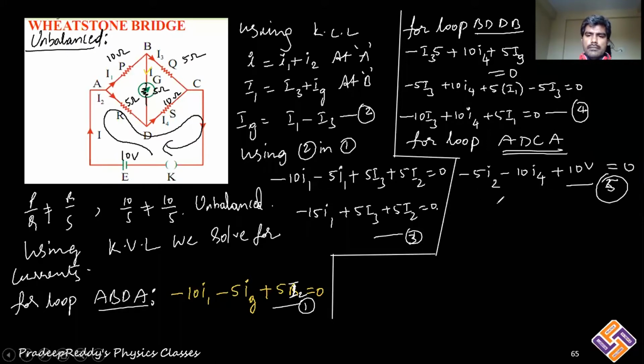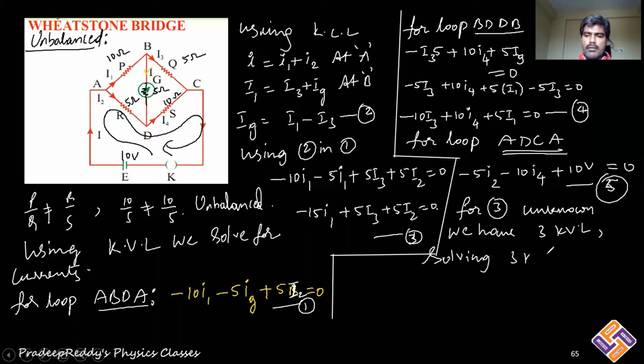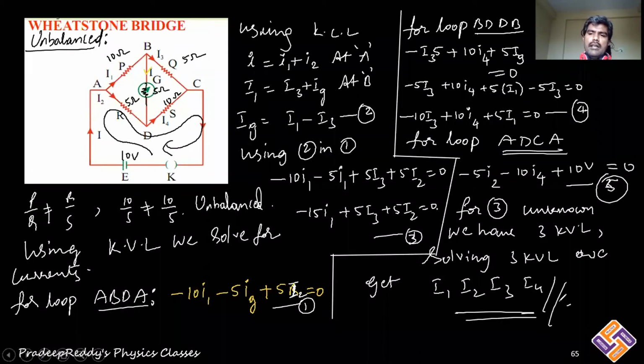For three unknowns, we have three KVL equations. Solving three KVL equations, we get currents I1, I2, I3 and I4. You can just get all the currents by solving these expressions. So this is the way, but it is a little bit lengthy.